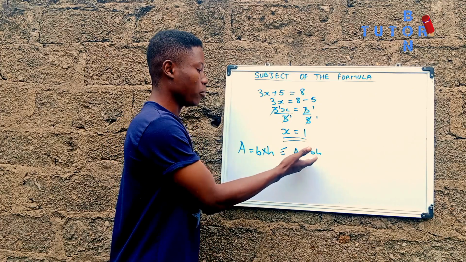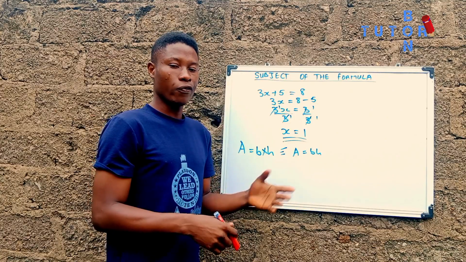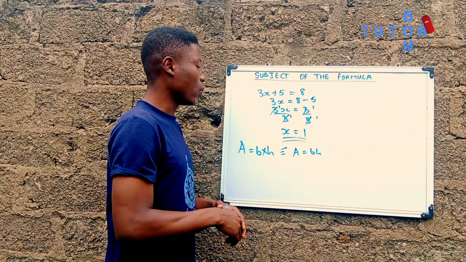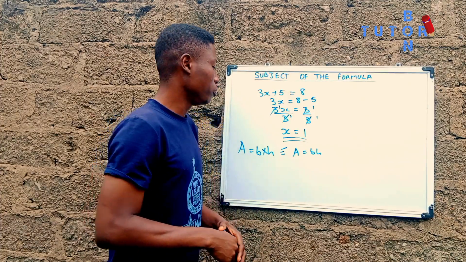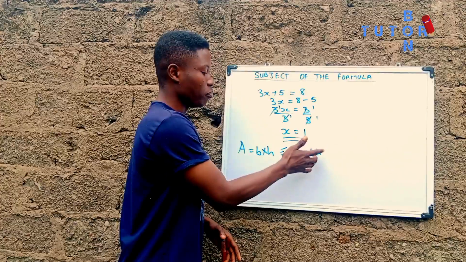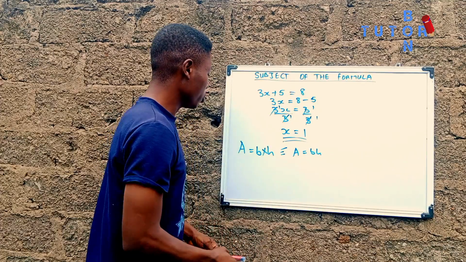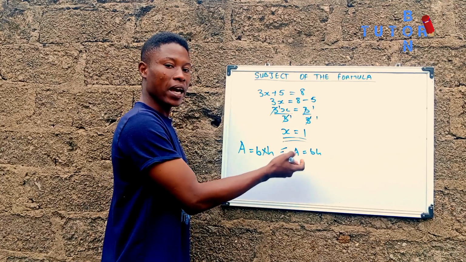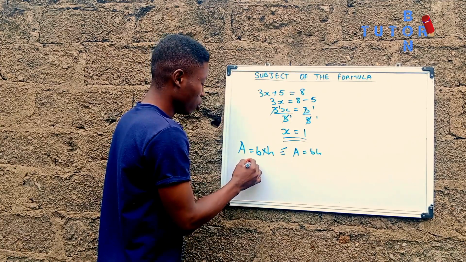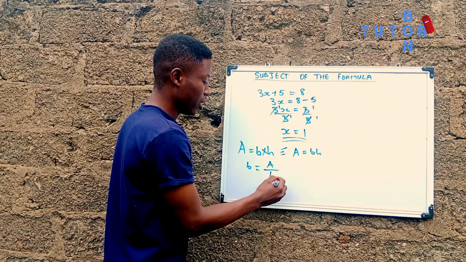That is, in this type of equation, your a is the subject of the formula. Now, let's say you are asked to make b subject of the formula, which means you have to express b in terms of a and h, which means your a equals to b multiplied by h will be your b equals to a divided by h.